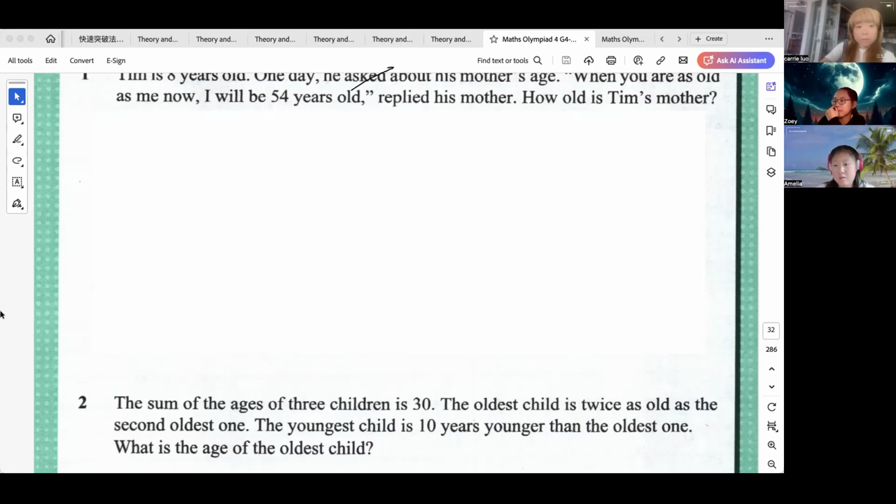Okay, very good. Okay, let me see. So Amelia is a little bit slower, right? So Zoe, you take a look if your method is the same as mine, okay?